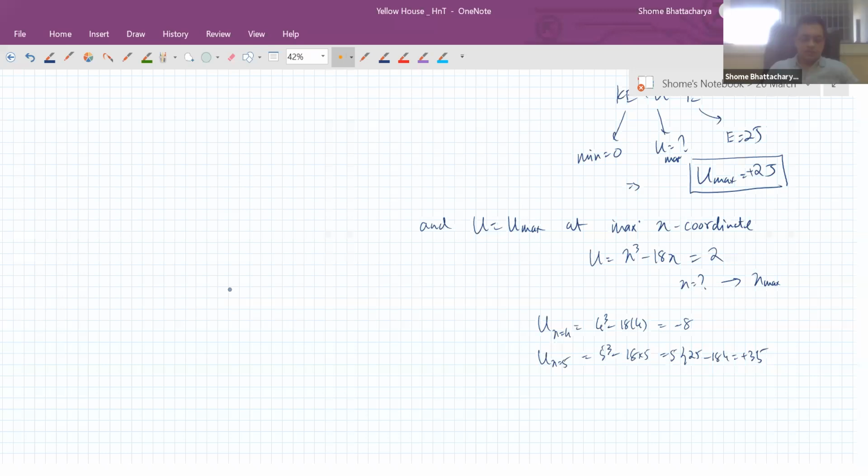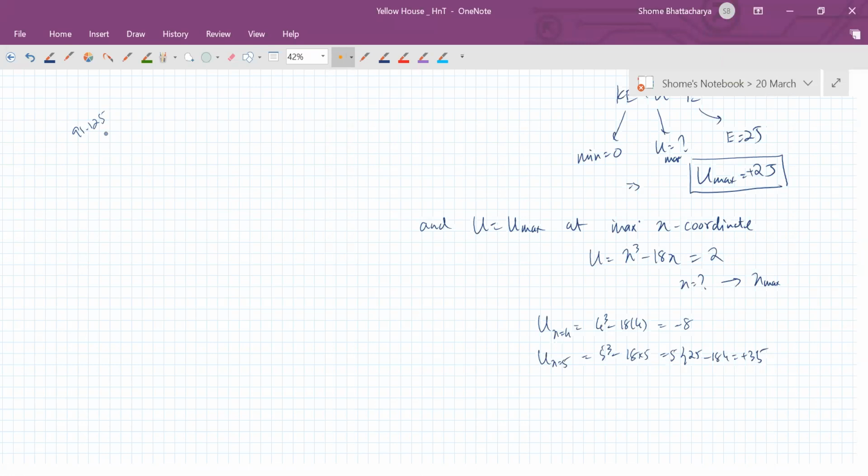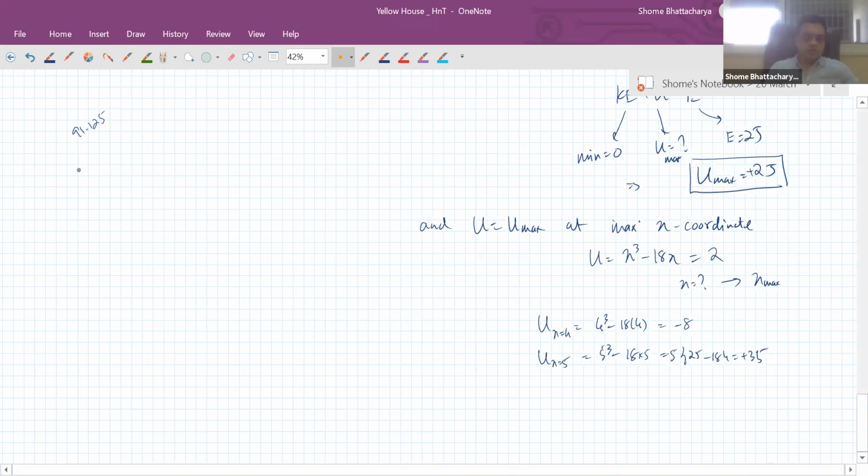So for example, if I were to take 4.5 and do this calculation, 4.5 cube would have given us 91.125, minus 18 into 4.5.